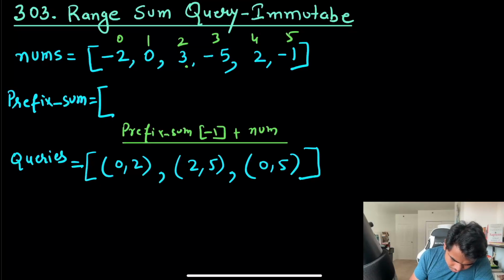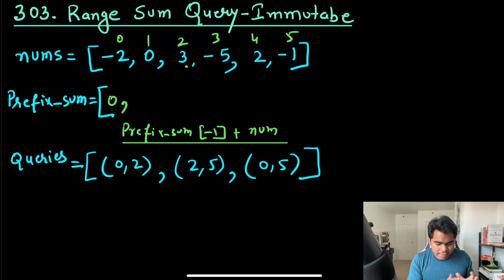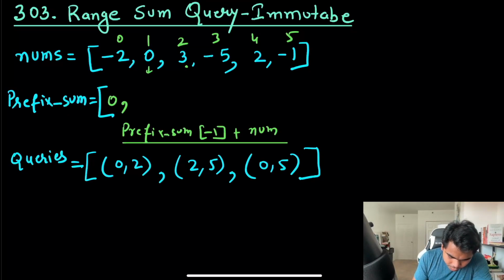So I have 0, and then I will calculate it for the first index. At this index right here, what is it I have seen so far until this num? I've seen -2. That's the sum that I have seen so far. So I'm adding this current num to the previous value. All right.